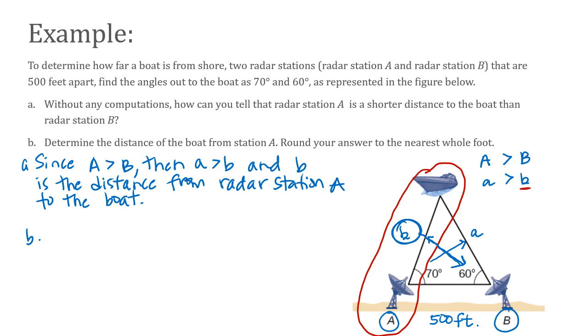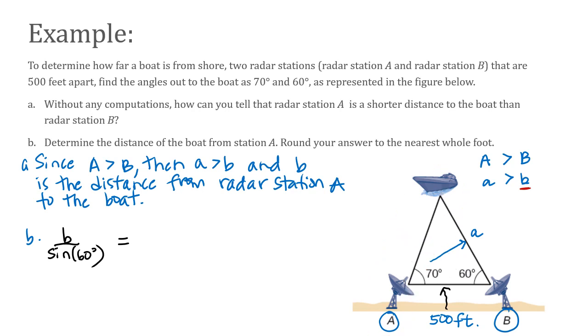So I can use the law of sines, and I'm going to say that side b over the angle across from it, 60 degrees, is equal to, now do I have an anchor? I know the 70-degree angle, but I don't know a across from it. I know 500, and I was not given the angle across from it, but I think I can find it, can't I? Let me erase some of this because it's so messy.